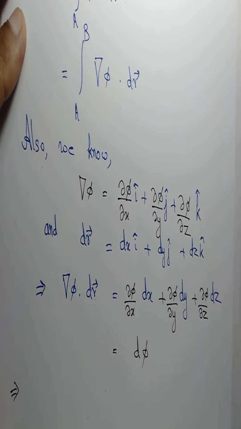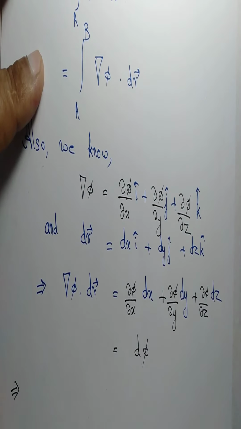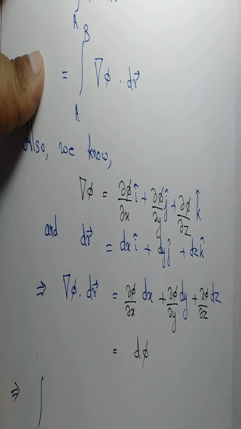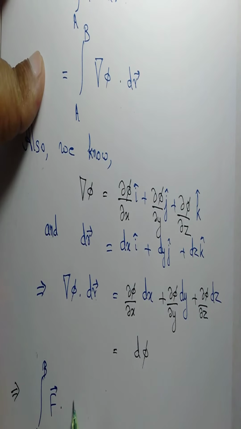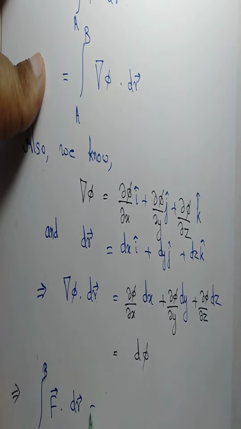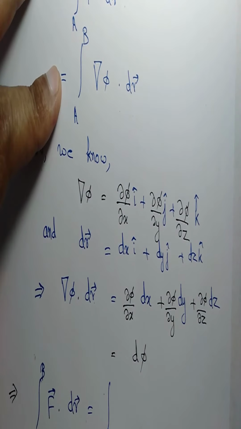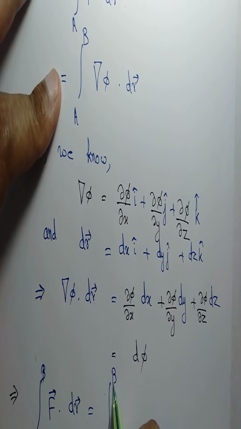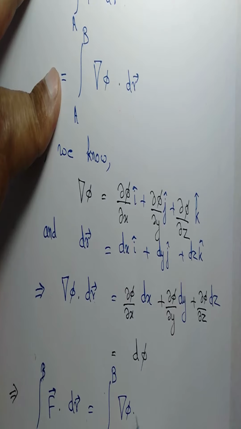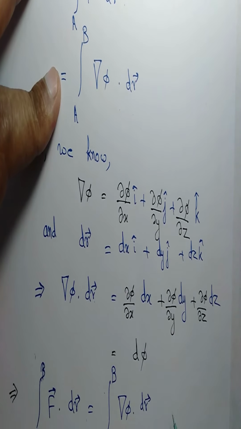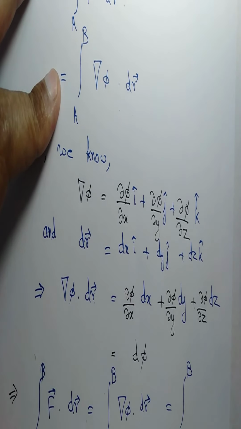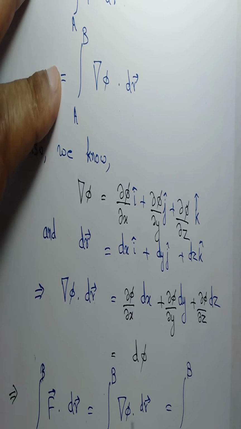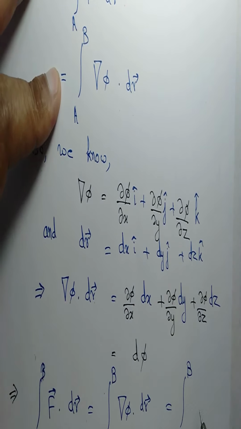This implies the integral from a to b of f dot dr, that we have, equals the integral from a to b of grad phi dot dr, but that's just d phi.